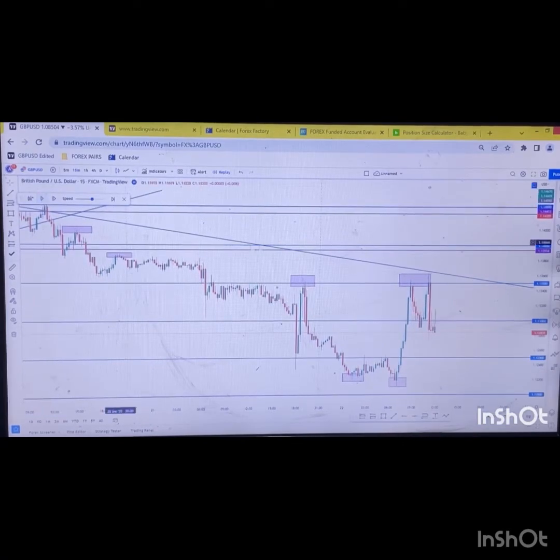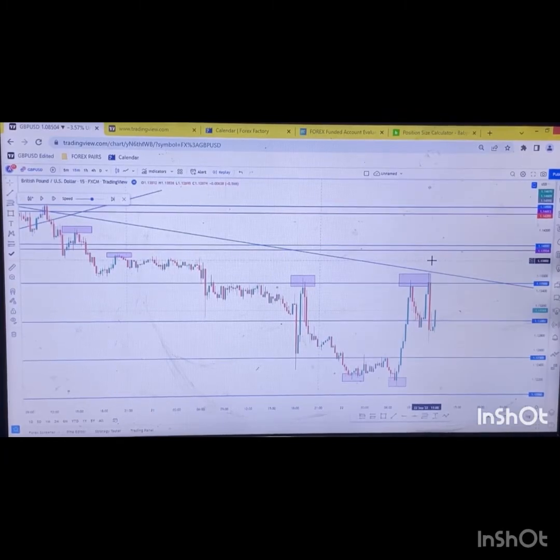Okay, so immediately this market got to this point, I was already inputting my lot sizes there, and there was a news. Immediately the news was released, I already entered my positions here with a 20 pip stop.